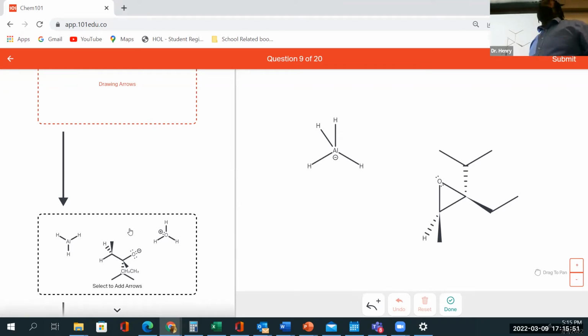Who's going to be the donor? That is correct, because aluminum doesn't want to have a negative charge, right? Okay. So let's see. Arrow. And then who is it going to be donating to?